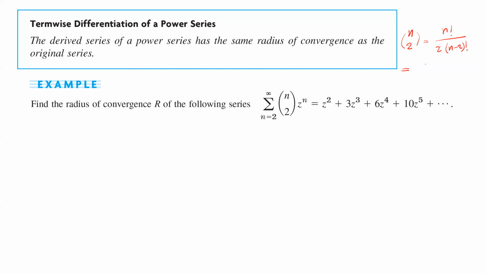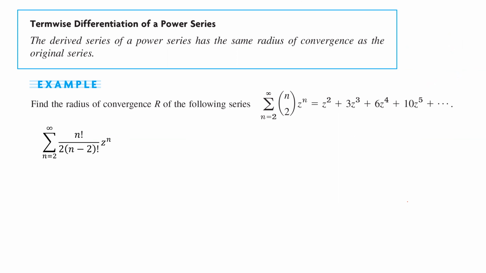So it becomes again n factorial. You can write it as n times n minus 1 times n minus 2 factorial, and divide by 2 times n minus 2 factorial, and these cancel out. So that becomes 1/2 n times n minus 1.